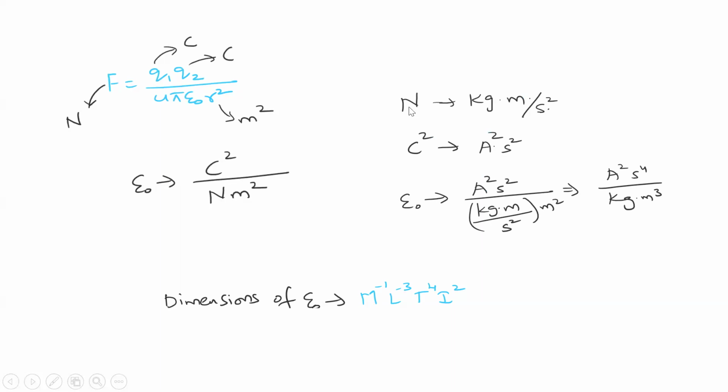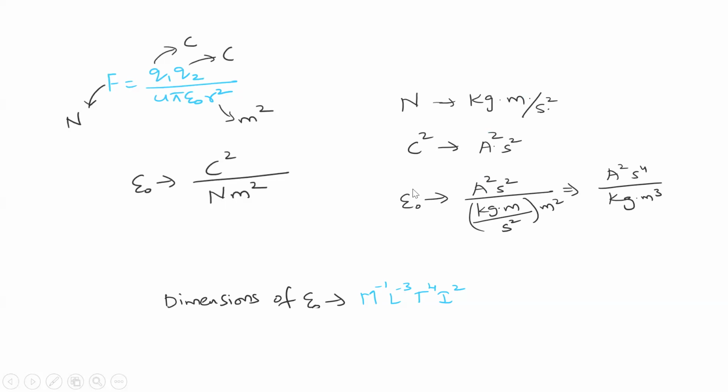Newton is equal to kg meter per second square, and Coulomb square can be written as ampere square into second square, since Q is equal to IT. So I is ampere, and when we square it is ampere square, and T is seconds, so second square.